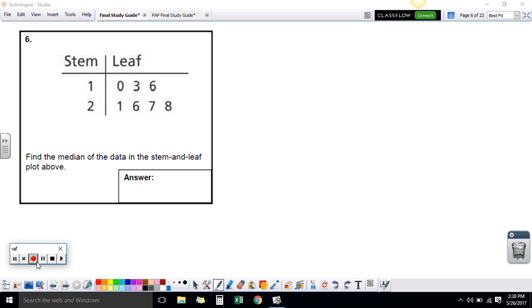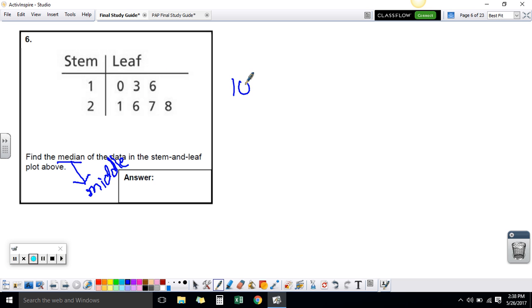Number 6, find the median of the data in the stem and leaf plot above. Median means middle. Remember how you read a stem and leaf plot. The 1 over here is our tens place, and our 0, 3 and 6 are in our ones place.